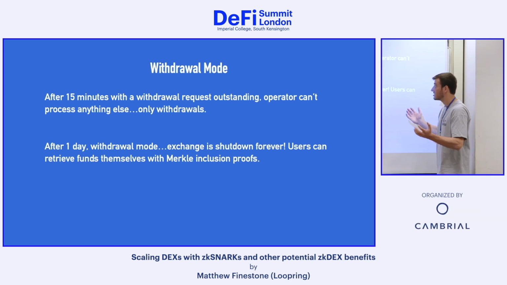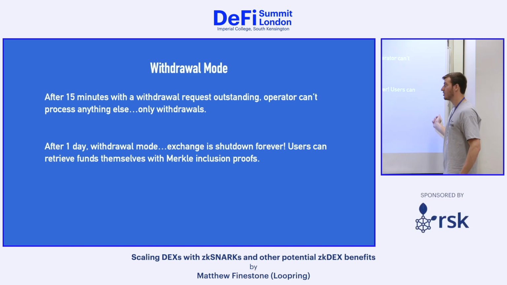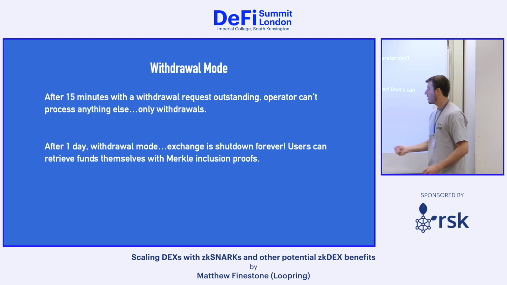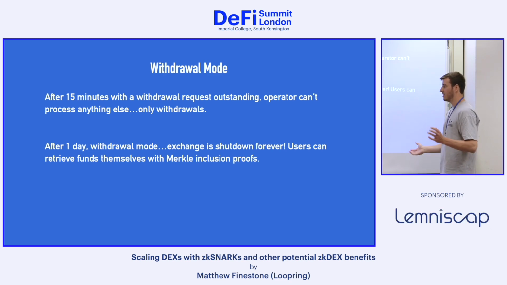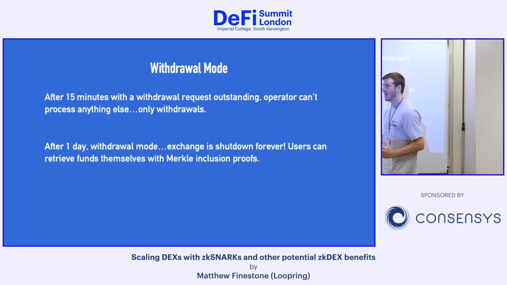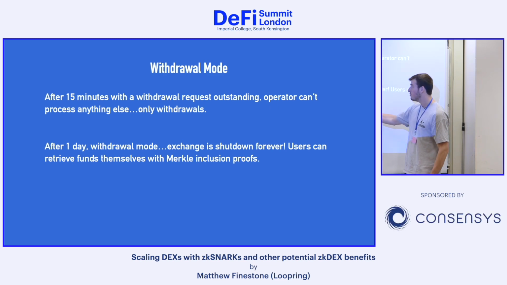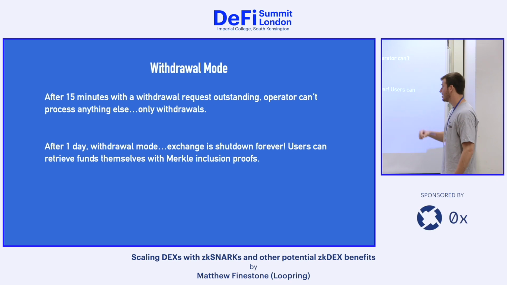Then at this point, this is what we're after, that users cannot lose their money. Users can then retrieve their funds themselves by submitting a Merkle inclusion proof, which says, hey, the last time that the DEX state was proven, this is the amount of money I had. And when I submit this proof, I can withdraw my funds myself. I don't need to rely on any third party, not on the DEX, on anything.